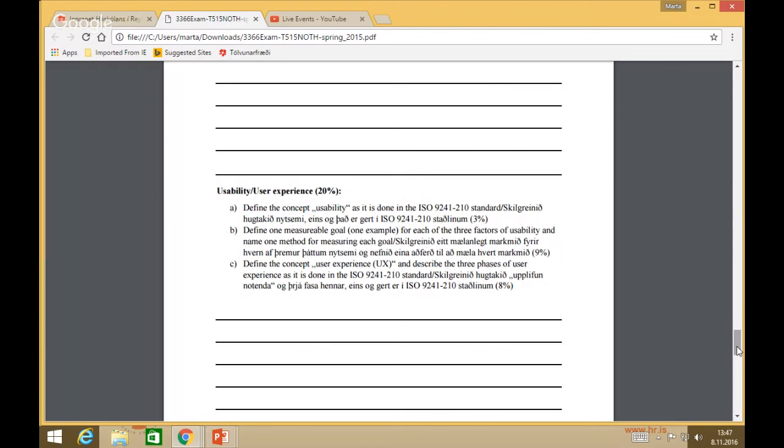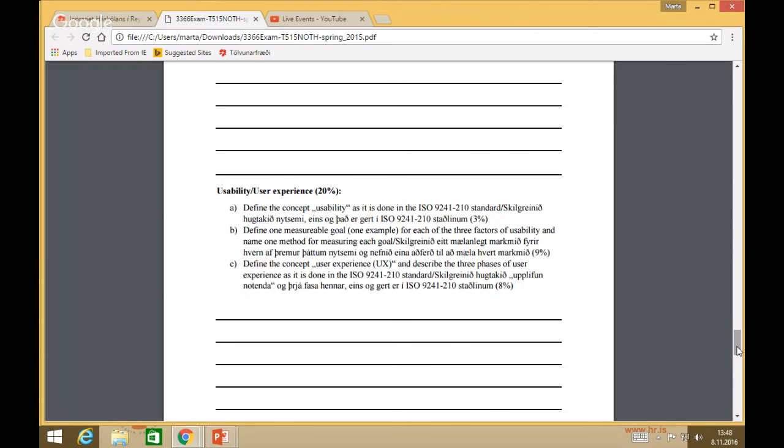So you could argue that if you say think aloud here, it's the right thing because think aloud includes an interview afterwards asking about the satisfaction. Yeah. Okay.